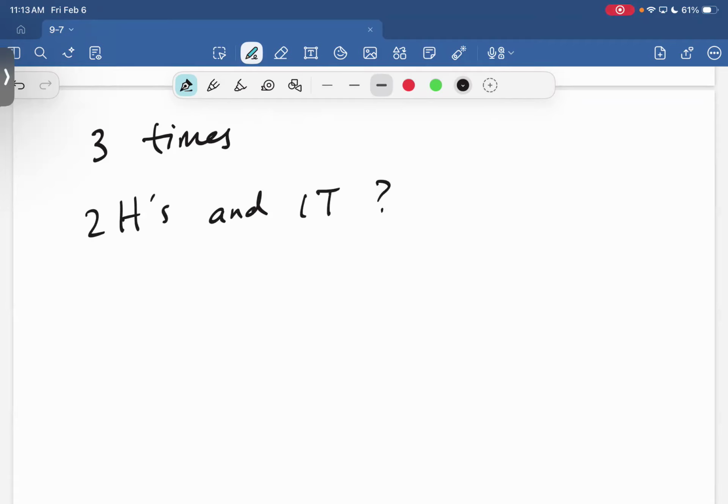Anybody have the answer? Order does not matter for heads and tails. So what's the probability of me getting 2 heads and 1 tail in any order? 1/8. 1/16. 1/8. 3/8. Yes, 3/8.